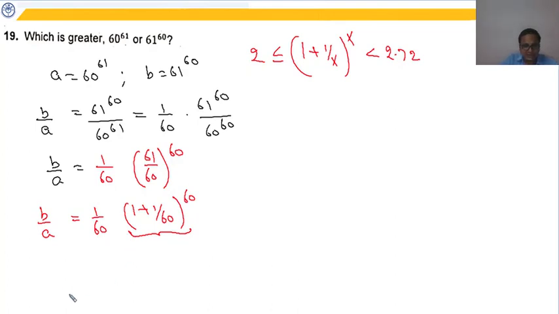So when divided by 60, we can simply say this B by A is less than 1. Because the value of (1 plus 1 by x) to the whole power x is greater than 2 and less than 2.7. So we are using the result for all positive values of x.